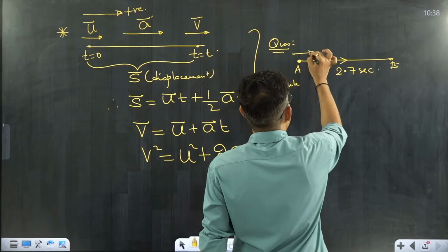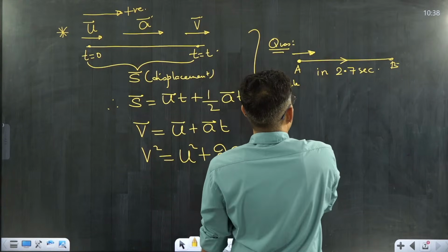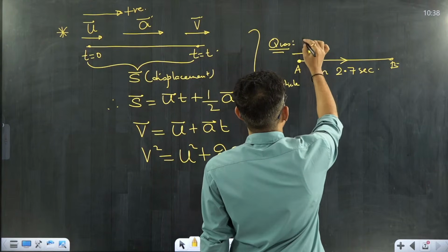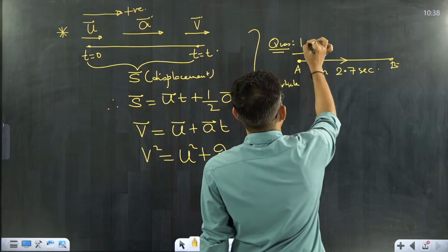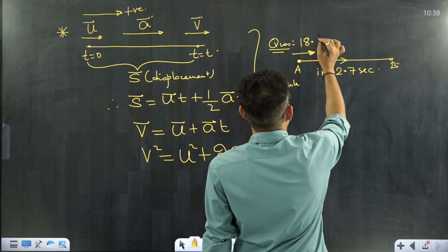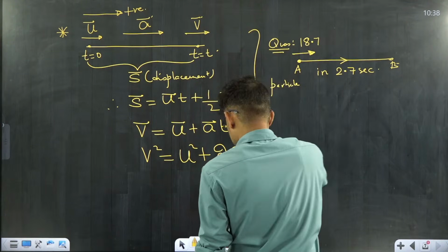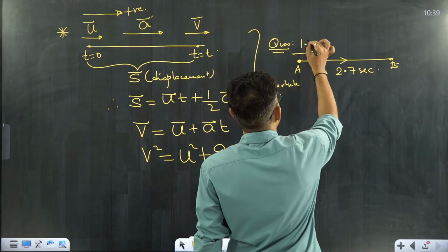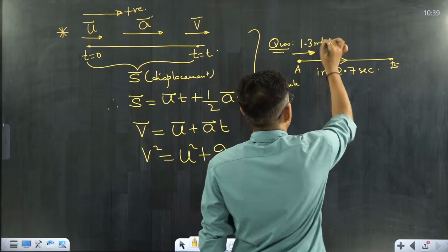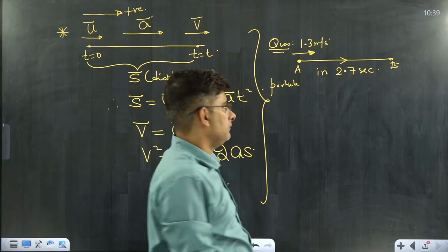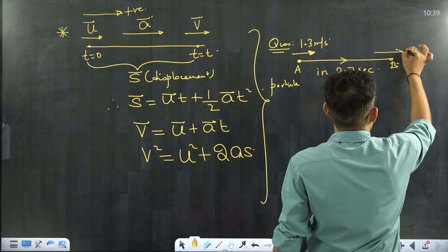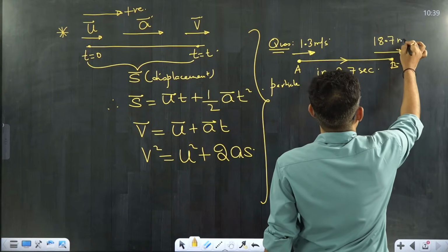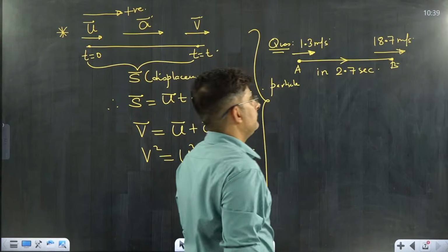Here its velocity was given as 1.3 meter per second, and on reaching B, its velocity became 18.7 meter per second.